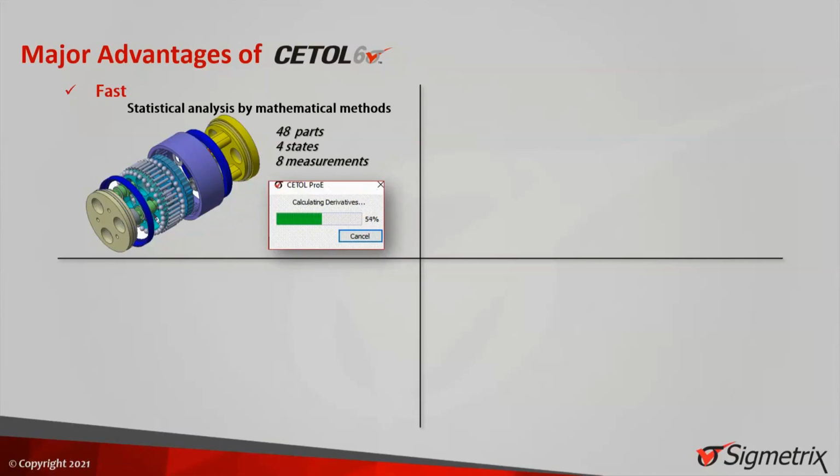So there are four conditions, four configurations to be analyzed, and 8 measurements. So you can see the speed, the progress bar. You can see that this is real-time speed. So you can feel that speed, right? But if we use Monte Carlo, it is impossible. It may take several hours to do such kind of analysis.